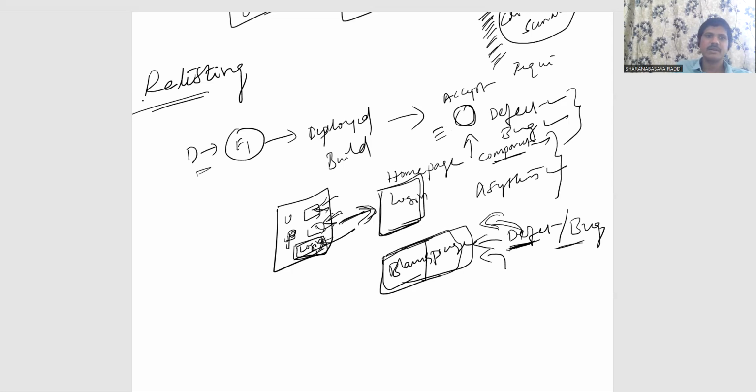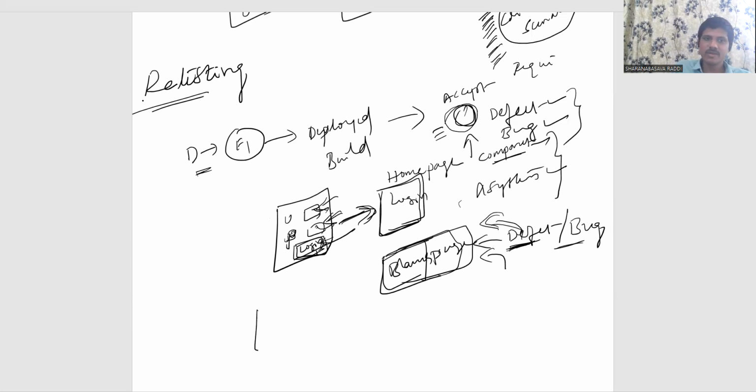A specific developer. Then the developer fixes that bug or defect, and again it will be deployed into the QA environment. Again, the tester will re-verify whether that bug exists or whether that bug or defect is resolved.